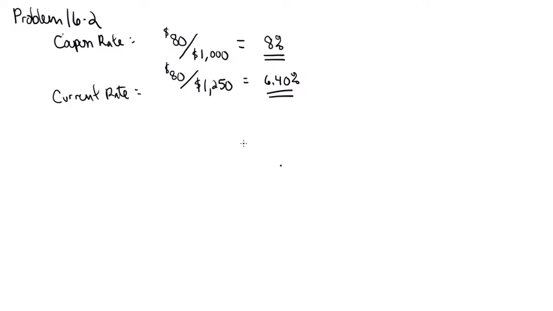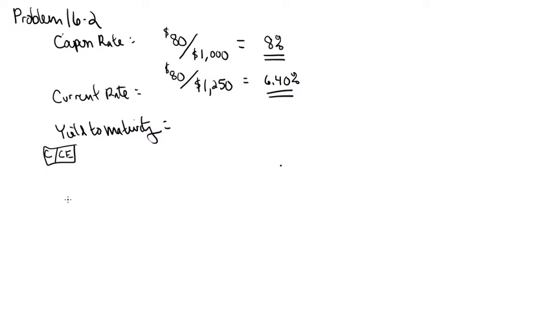Now what we want to do is calculate the yield to maturity. The easiest way to calculate this is with your calculator. So go ahead and grab your calculators. Remember, the first thing we're going to do is clear everything on our calculator once we turn it on.